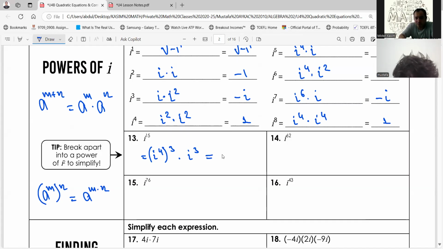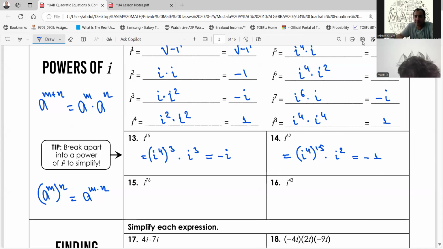And i cubed is just negative i, right? And how about 62? That is i to the power of 4 to the power of 15 times 4 times 15 is 60. Now we have i squared. i to the power of 4 is 1. 1 to the power of anything is 1. And i squared is negative 1, right?